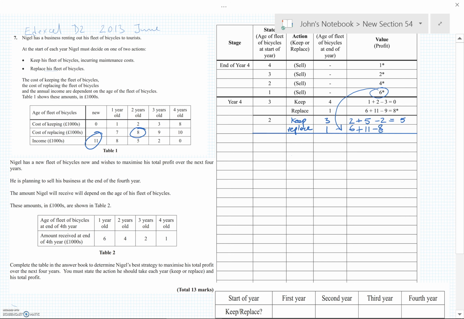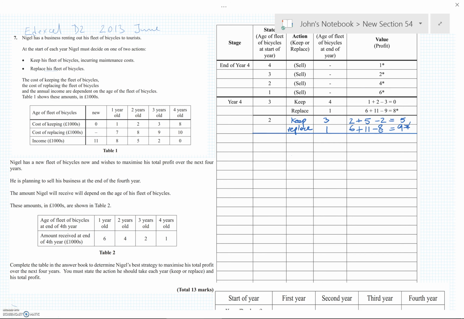So that's 6 plus 11, 17, take away 8, which is equal to 9. And the optimum of these is obviously 9.